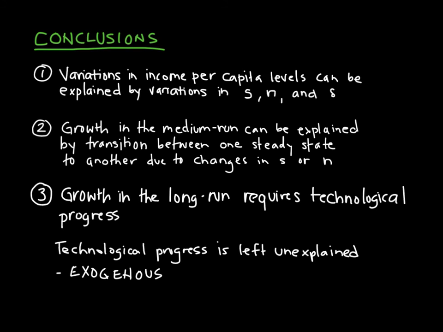All right, let me just quickly sum up a few things that we have learned, and what we can see in these slides. So the first thing that I wanted to highlight was variations in income per capita levels. This is not the growth rate, but the level. So why are some countries rich while others are poor?